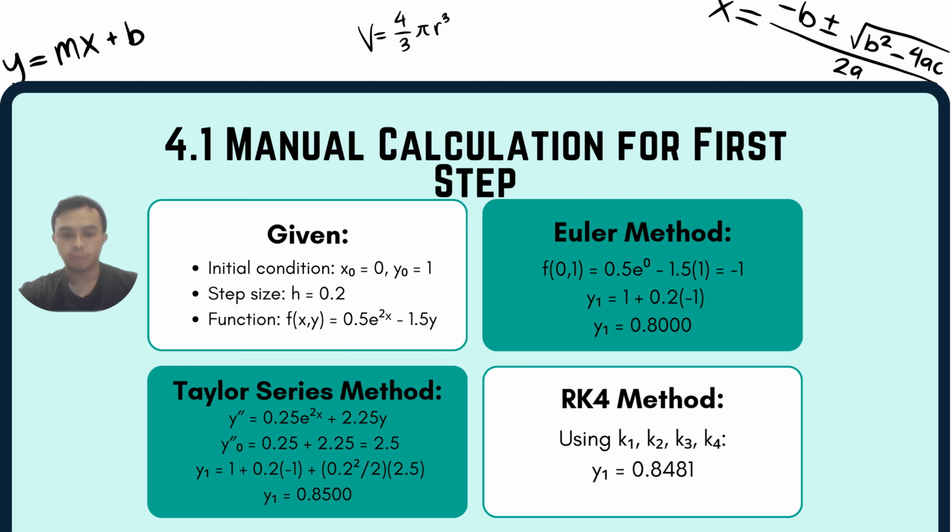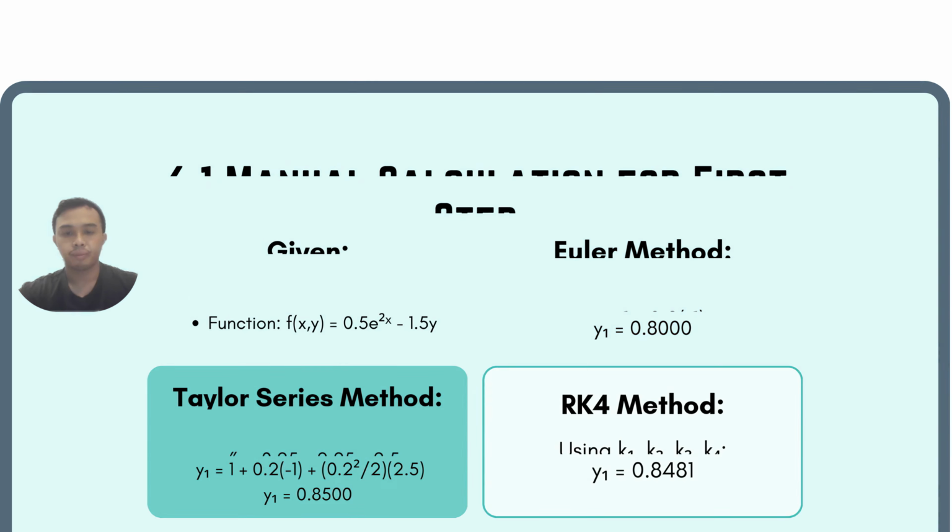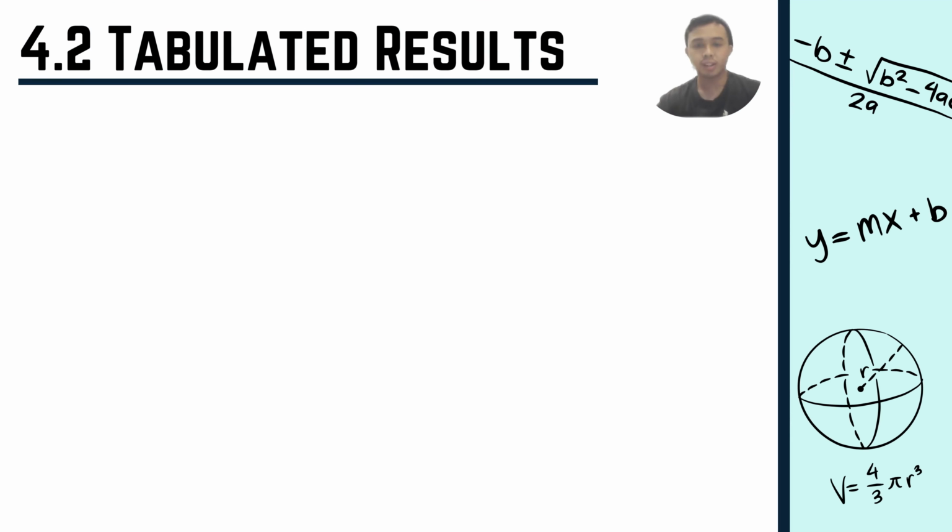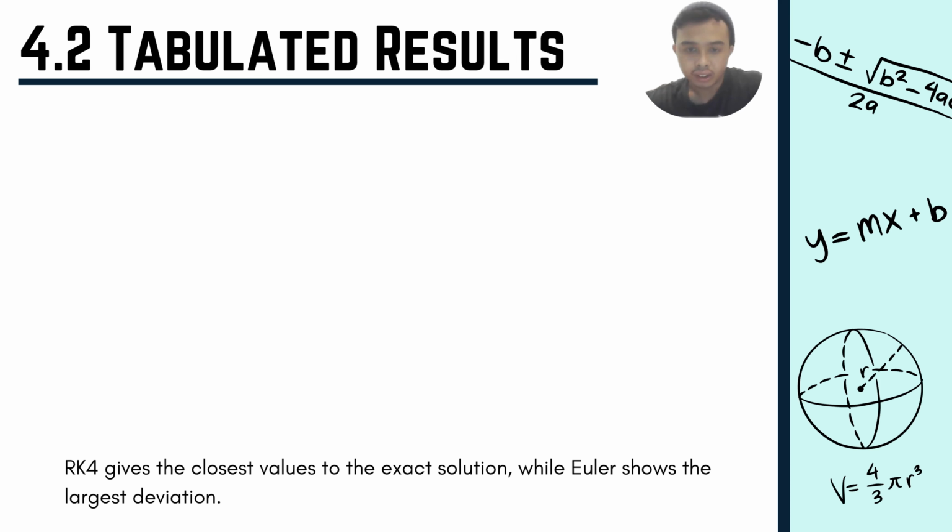For RK4, the value is calculated using K1, K2, K3 and K4. The final RK4 approximation at x equals 0.2 is y1 equal 0.8481.